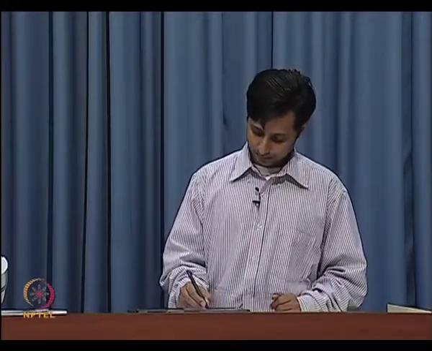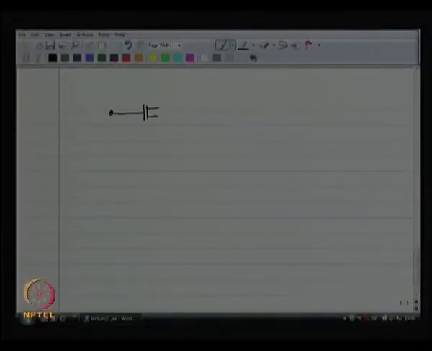Now, before we start off with the next set of definitions, how are you going to find out, let us say this is your circuit.